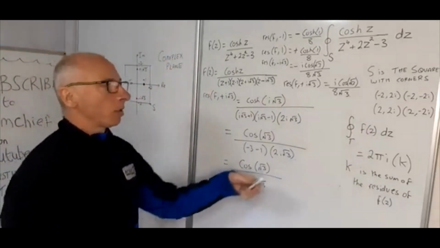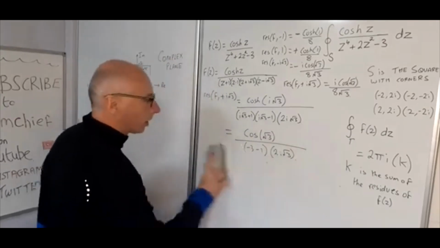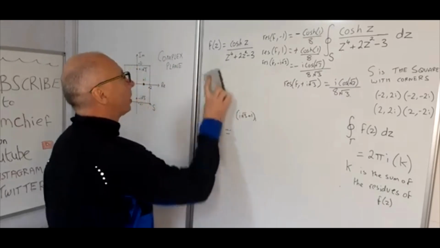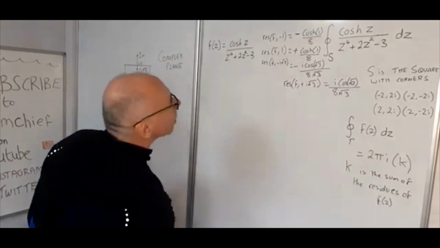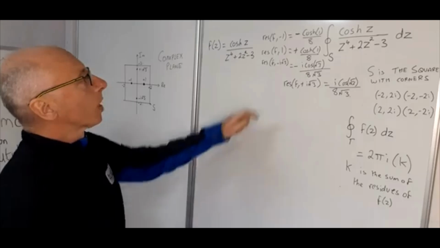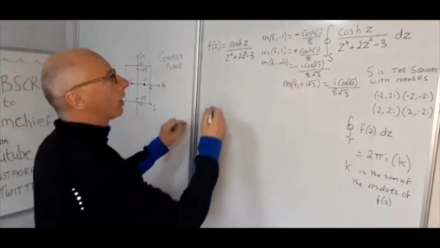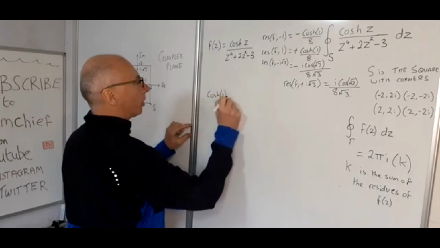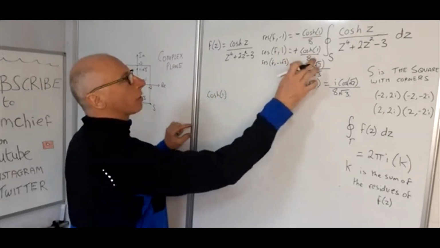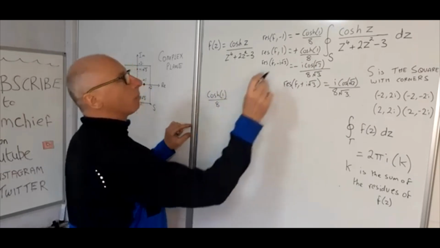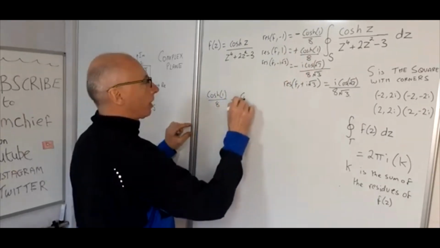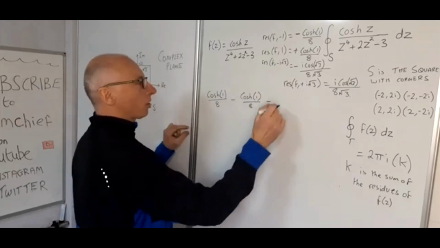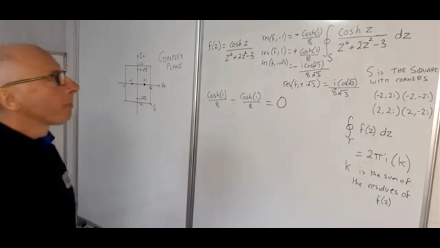So now what we need to do is find our constant k. So let's take all this off the board. We don't need that now. So now what we need to do is sum all of these up. So cosh of 1 over 8, let's put the positive one first. Cosh of 1 divided by 8 minus cosh of 1 over 8. Well, this we can see straight away that becomes 0.